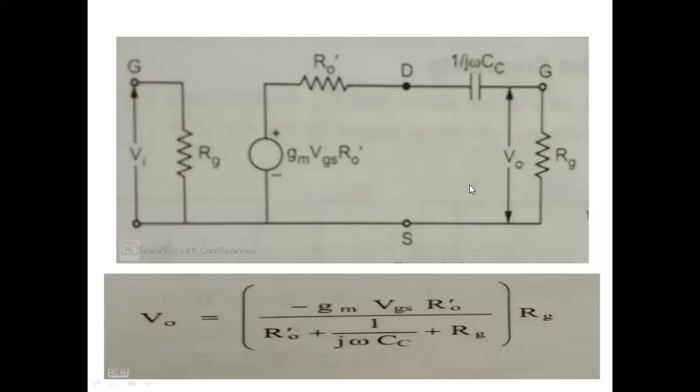And from this circuit, what is V naught? V naught is found by applying the voltage divider rule here. This is the initial voltage V1. Consider the series combination as one resistance, R1, and this is R2.